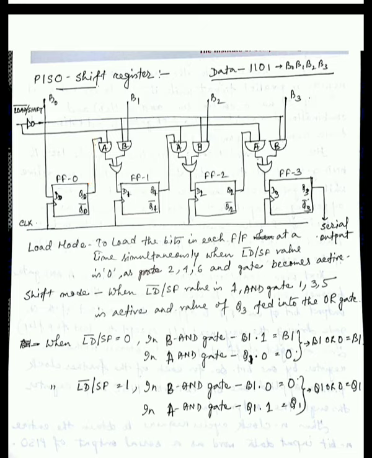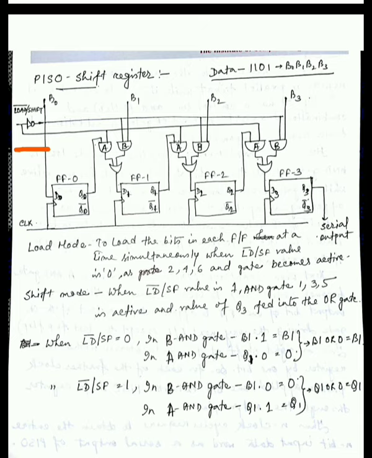And there is one extra signal line, load and shift. The complemented line is added with B and the direct line is added with A. This is the main configuration, and these two AND gates are connected to an OR gate, and this OR gate is connected to the input of the flip-flop.